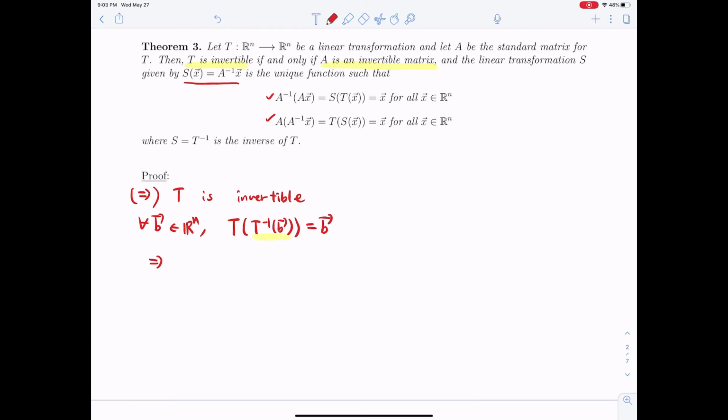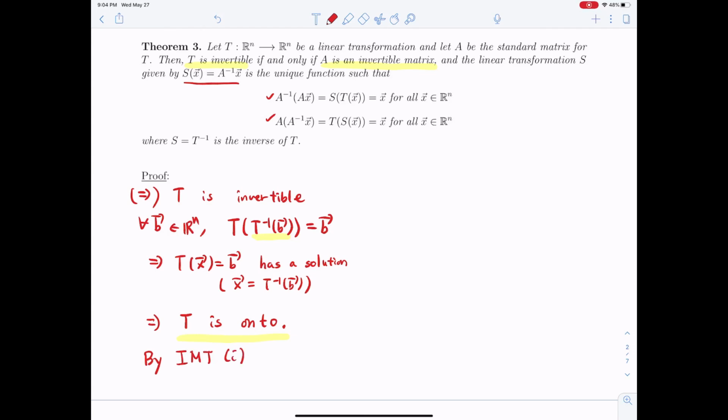Then this implies that T of X equals B has a solution, because we can say T inverse of B solves the equation, right? Then this tells you the given transformation T is onto, but note that this was one of the conditions in the invertible matrix theorem. So by the invertible matrix theorem, part I, we know that the inverse matrix A inverse exists.